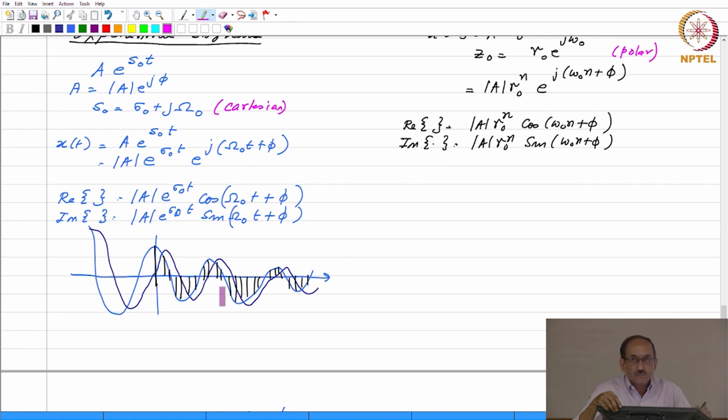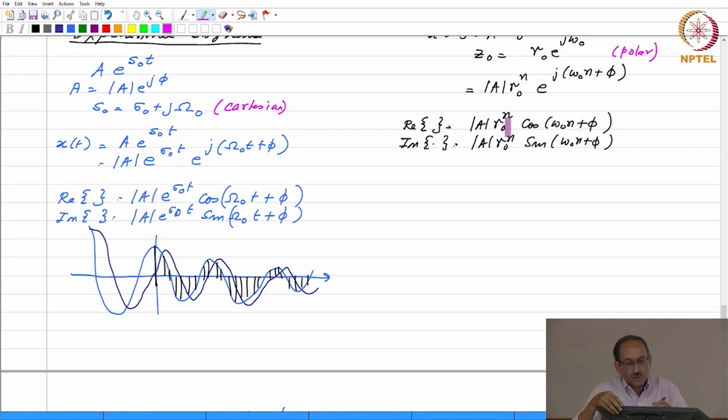That is when you will have your sinusoid, and if capital omega naught were 0, then this will be purely a real valued exponential, right. Of course, assuming we are having the amplitude also to be real valued.